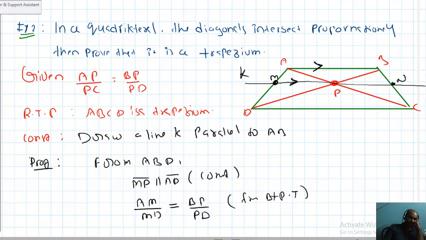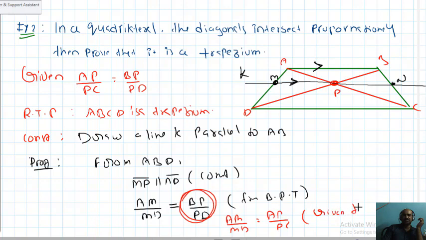Observe, students. Instead of BP by PD, I can write AP by PC, because given. That's why AM by MD equal to AP by PC. So I can write, given that AP by PC equal to BP by PD. Student, see here.